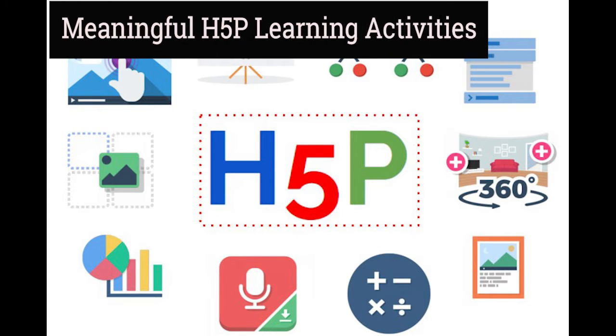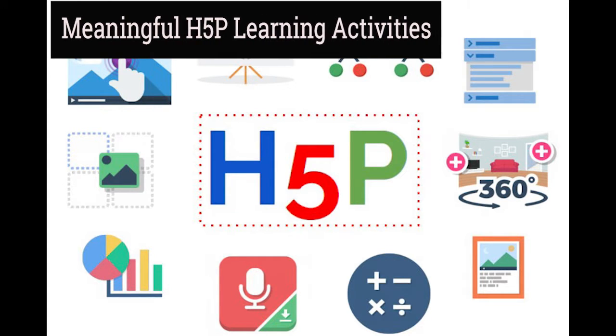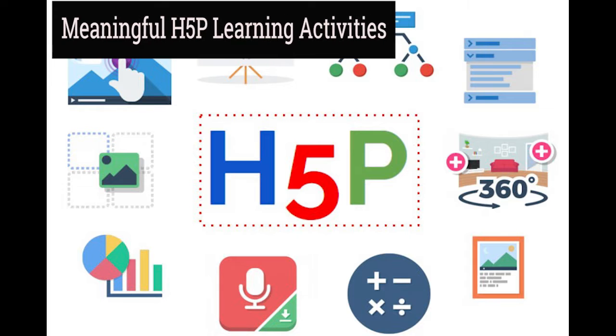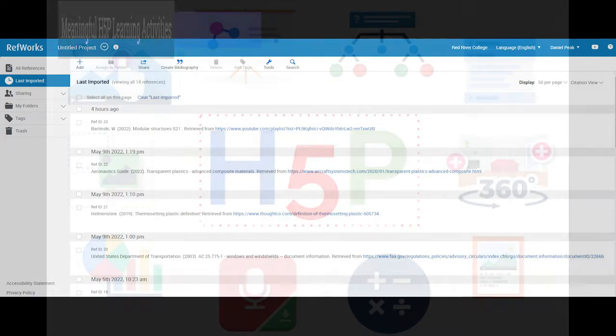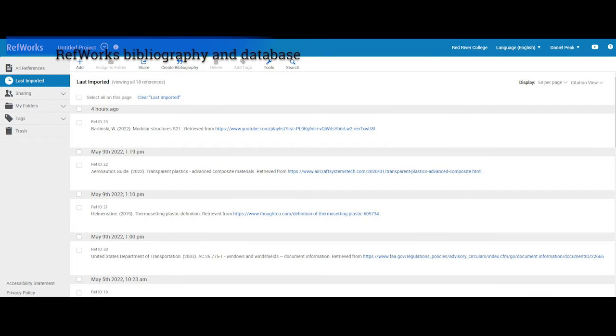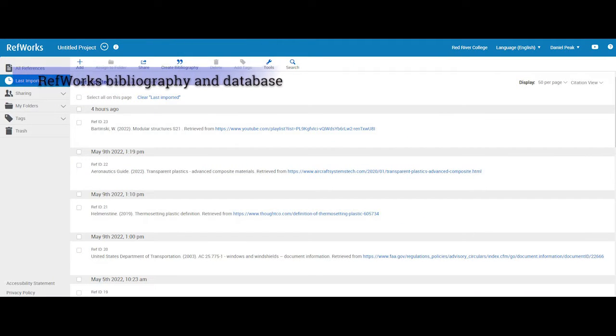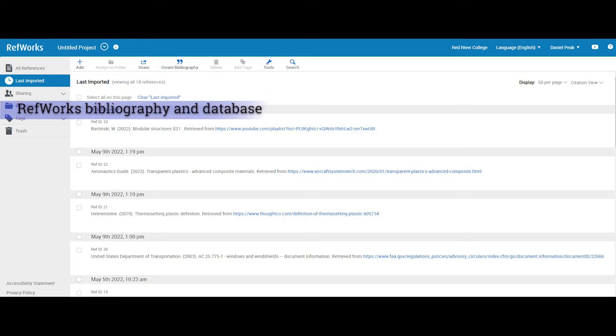These included interactive videos, drag and drop, image hotspots, and activity booklets. We also started saving the sources of information on RefWorks. This is a college-approved, shareable, web-based application, and in my opinion will make future course development easier.